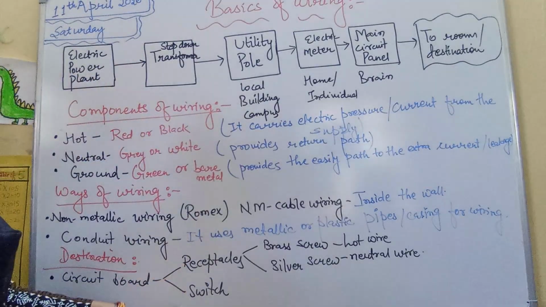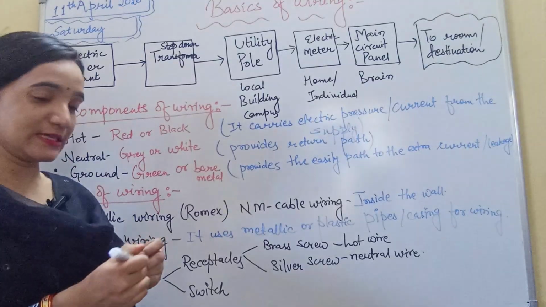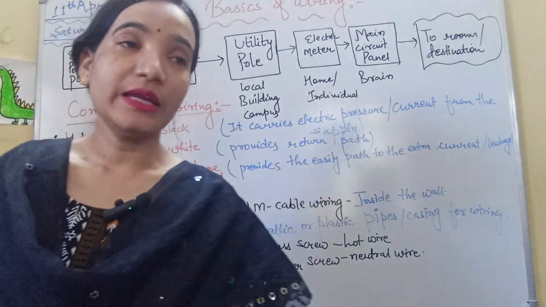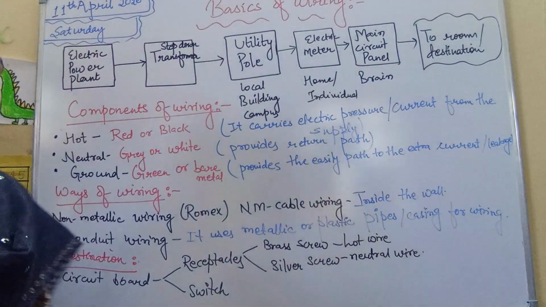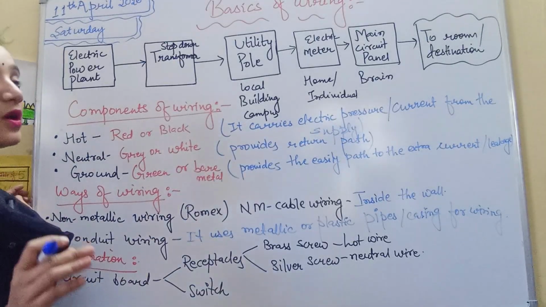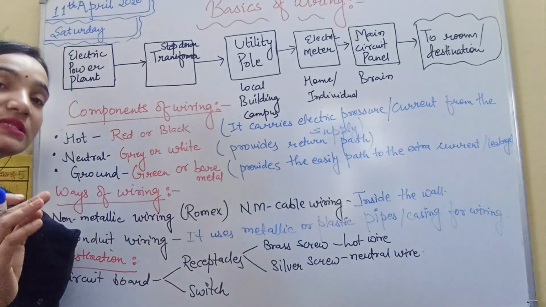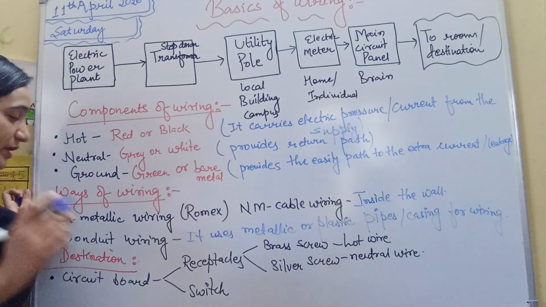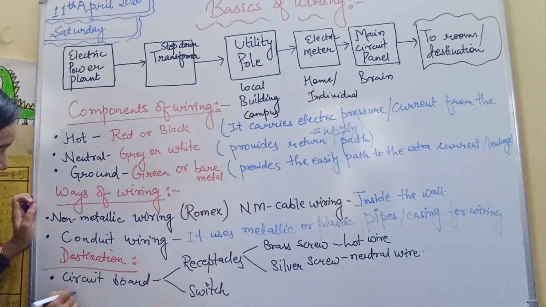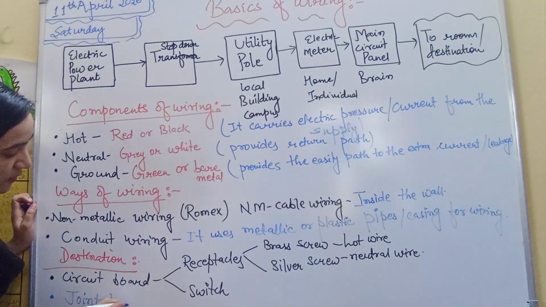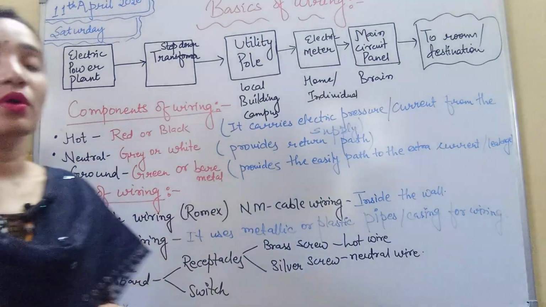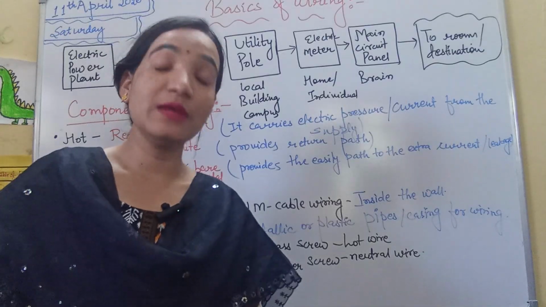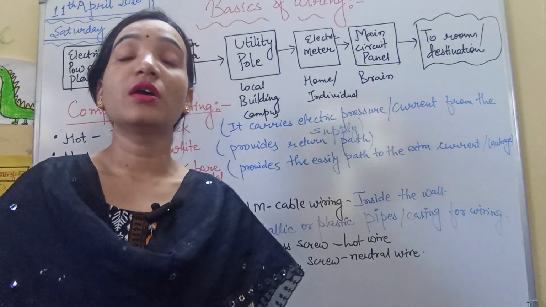Okay, and one more thing there, that is called the joint box. The joint box is the point where splicing, or jointing, is done. And this should always be closed, to avoid any mishap or any shock.